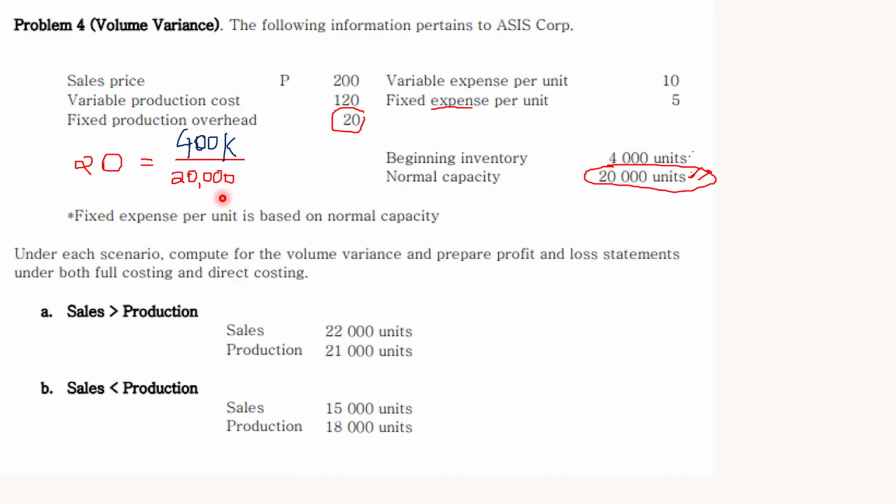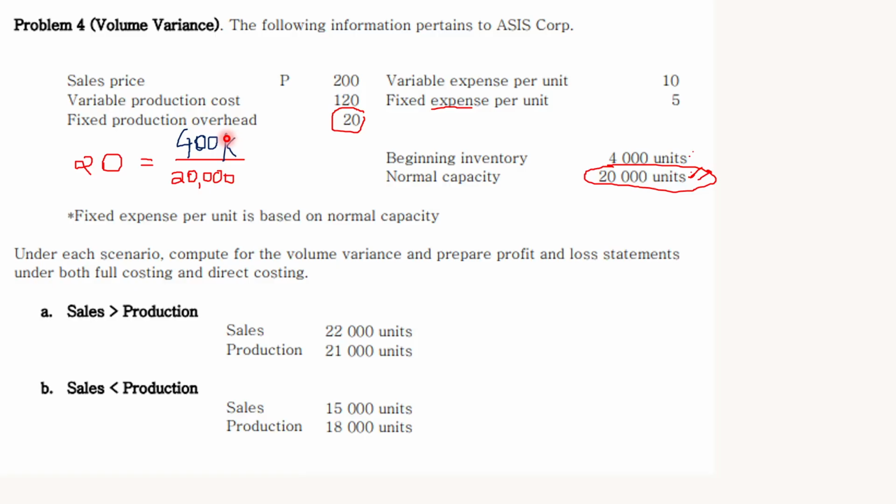Let me repeat. We develop the predetermined overhead rate from the word predetermined before actual production. So if our normal capacity is 20,000 units, and we are able to arrive at 20, so 20,000 times 20, you have 400,000 as your budgeted fixed overhead.